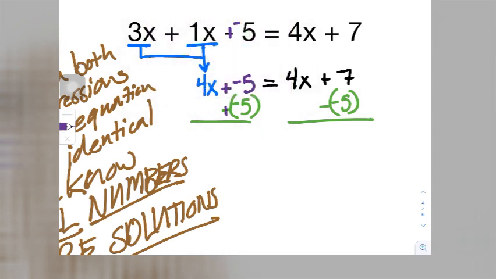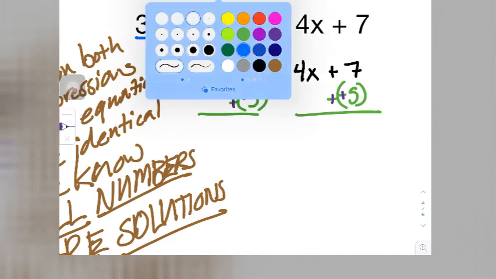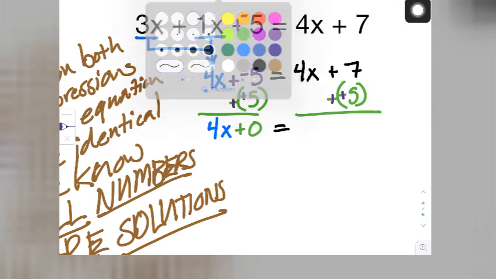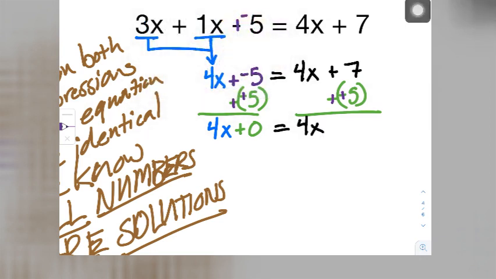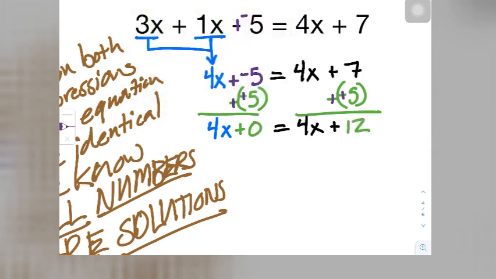To calculate that, I'm going to remember that I can change minus negative to adding positive. And I am going to say, okay, so 4x plus 0. This has just become plus 0 because negative 5 plus 5 is 0. And on the other side, it's going to be equals 4x plus 12. 7 plus 5 is 12. So I still have the 4x, but now I have plus 12.